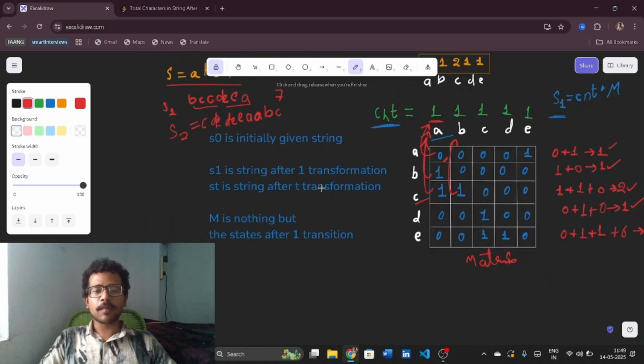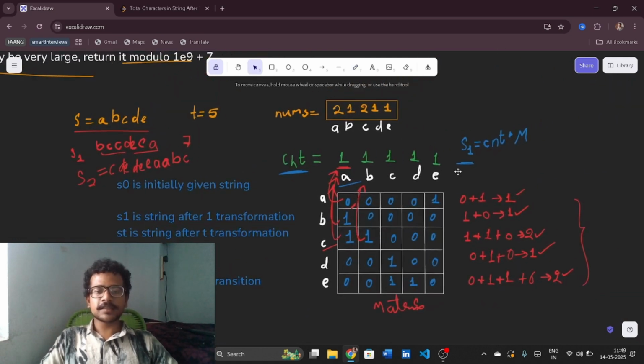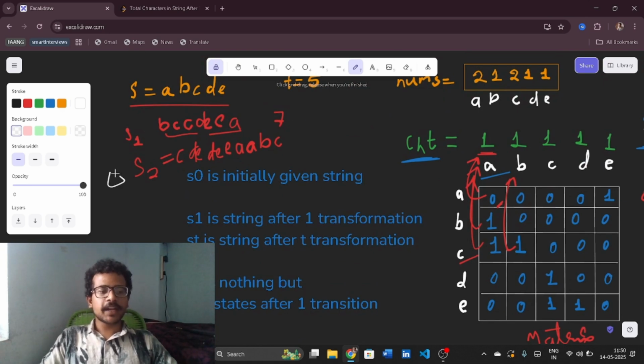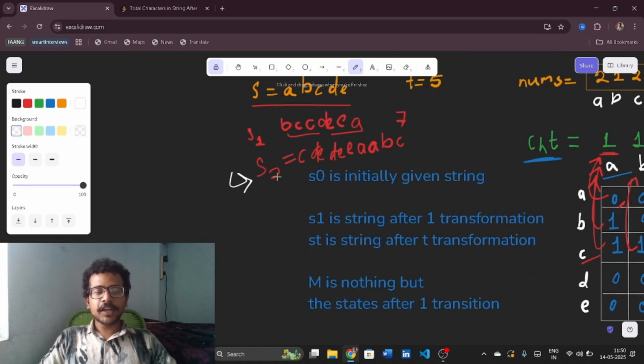Now what is my intuition is just take the same matrix again. Now I want state 2. That means the string that I got after two transitions. So after one transition, I will do another transition for S1.